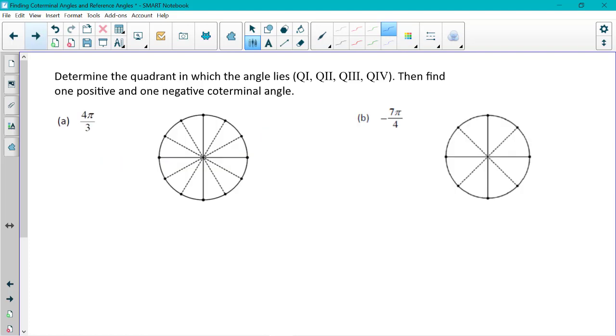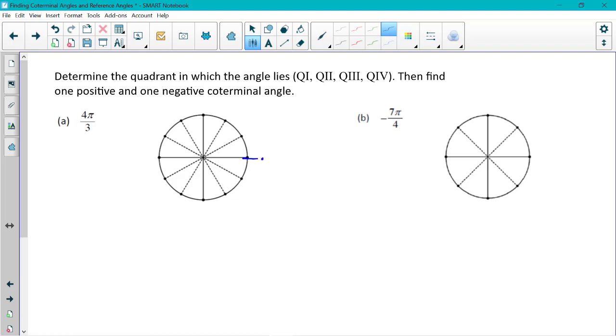Okay, so once again, we are interested in what quadrant the terminal side lies in. We're getting more comfortable with angles and radians, and what I always think of is in reference to one full rotation.